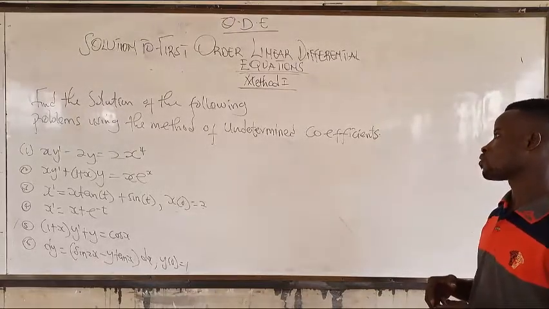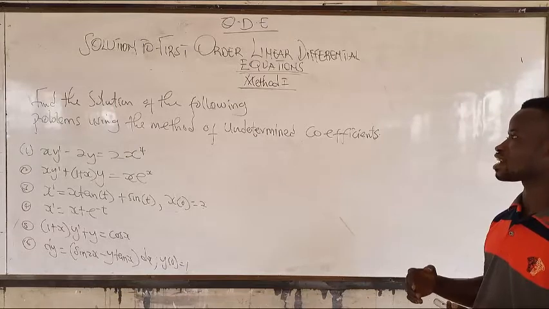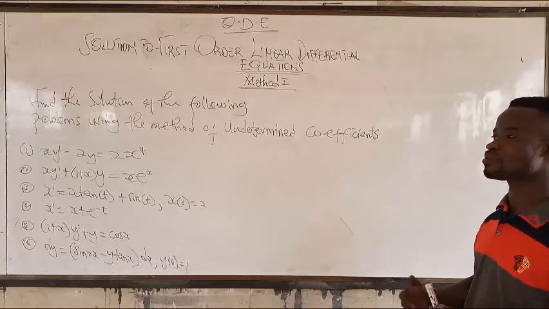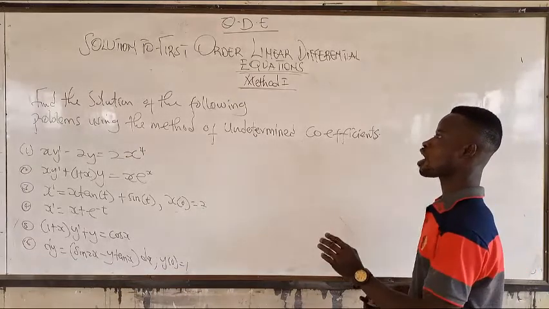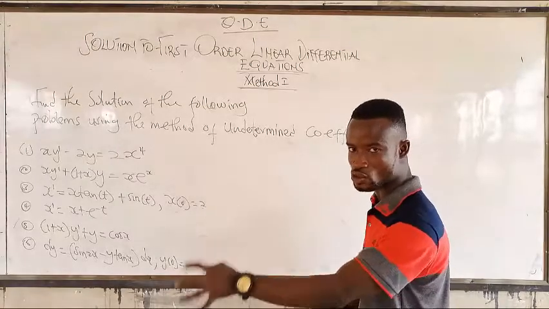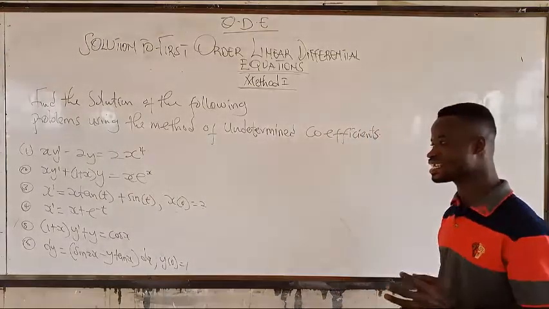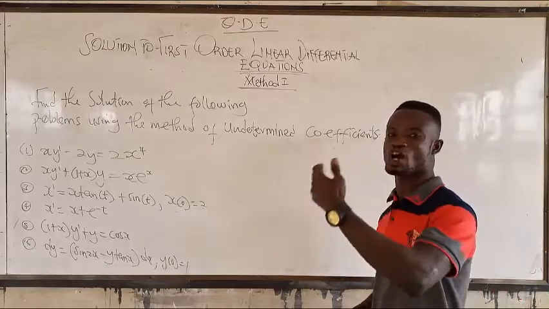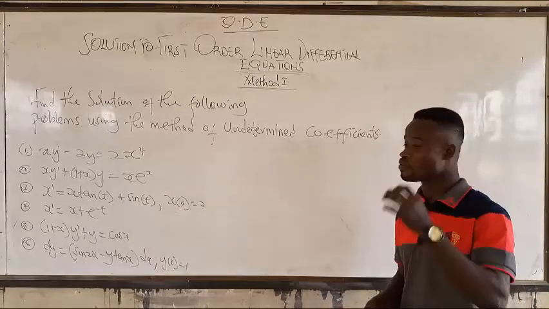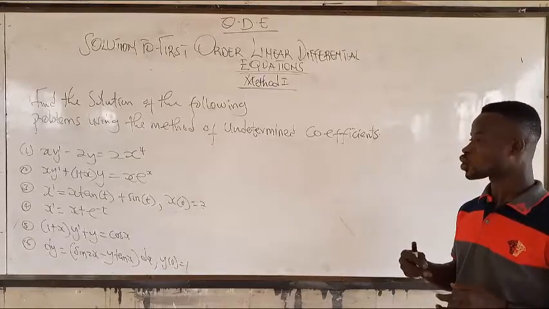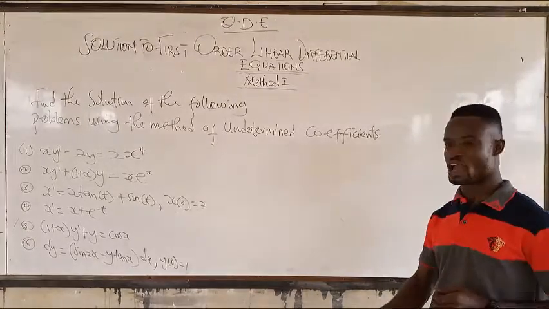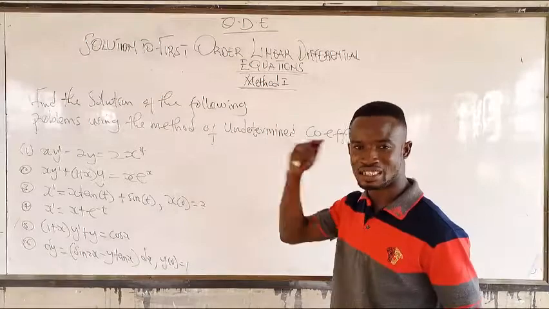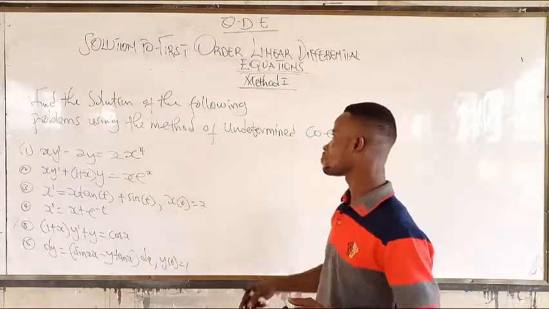And now, this is the method of undetermined coefficient for a first order differential equation. I'm making this specific because when we get to second order differential equation, we have another method called undetermined coefficient. But that one is for second order.